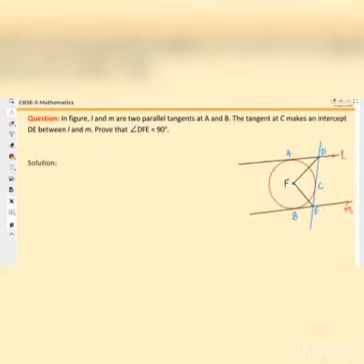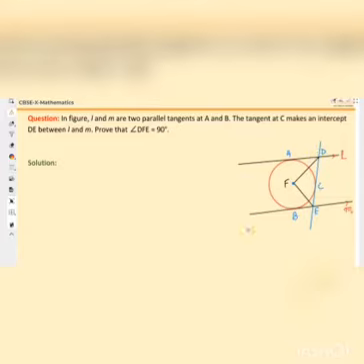Now suppose you can have these types of problems where they will have two lines L and M, and they're saying that these two lines are parallel.